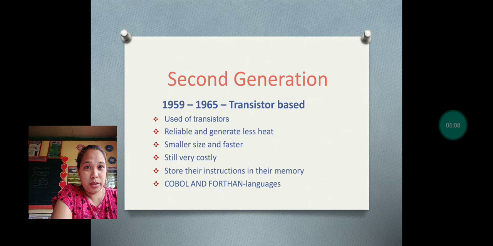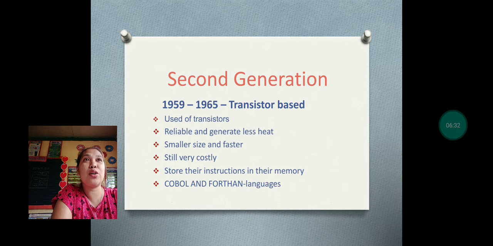Then reliable and generates less heat. If the first generation generated heat, the second generation generates less heat, and it is also more reliable. Smaller size and faster than the first generation, so it does not occupy a very big space.